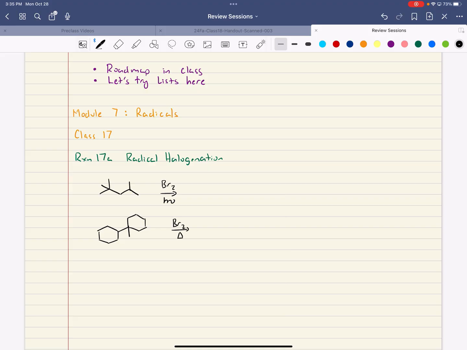For this radical halogenation, you should only use Br, so only use Br2. And I'm going to note here that we need to know the mechanism. Let me use a different color. We need to know the mechanism.